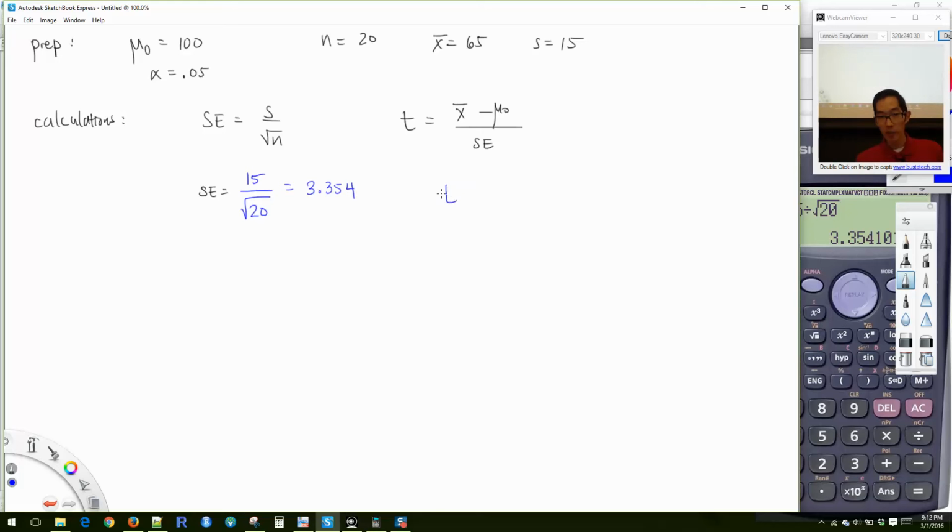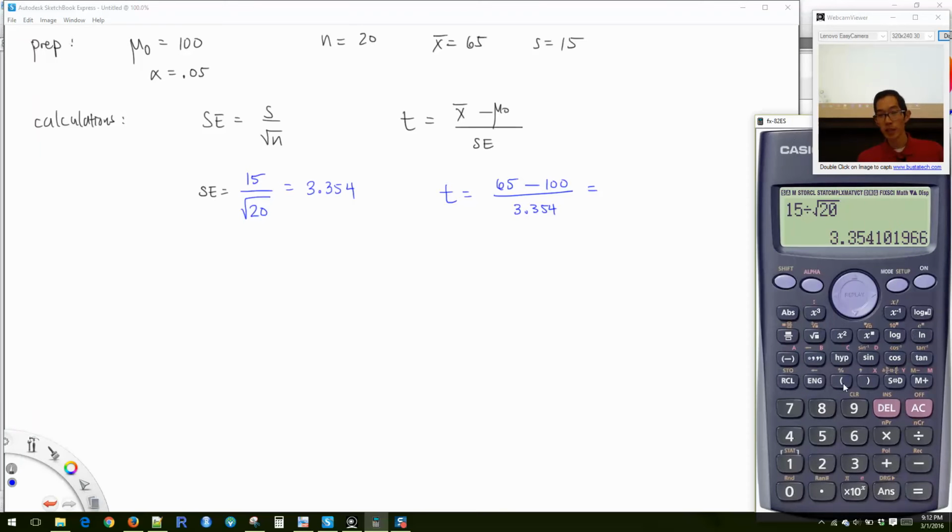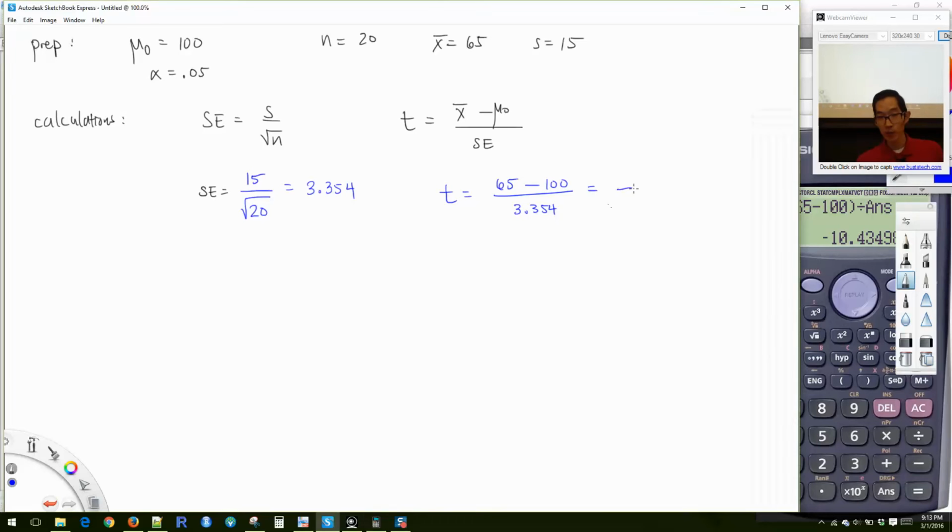My test statistic t is going to be 65 minus 100 divided by 3.354. In the numerator I have 65 minus 100, and I divide this by the answer I had previously. Here I get negative 10.43.